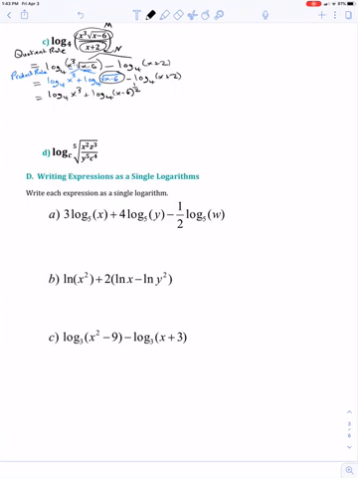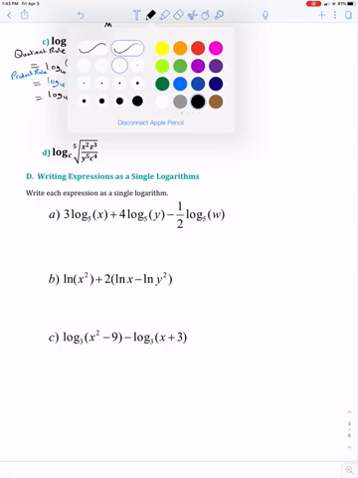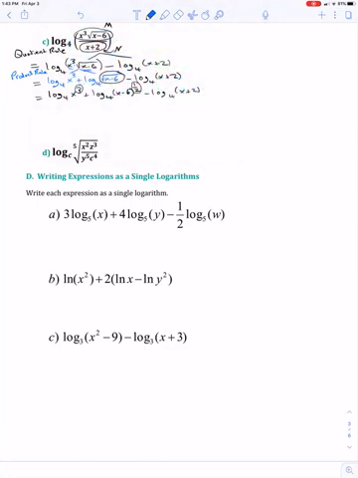Square root's 1/2, cube root's 1/3, fourth root's 1/4. We know the index of our root is the denominator of that power, and of course the power on your radicand is your numerator.